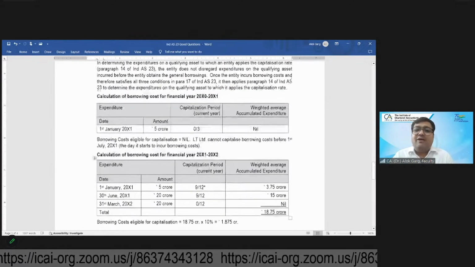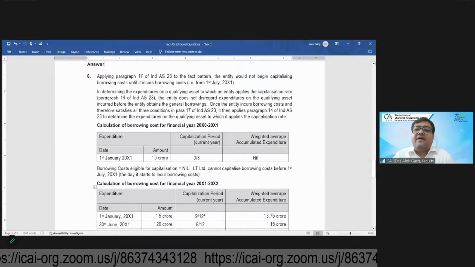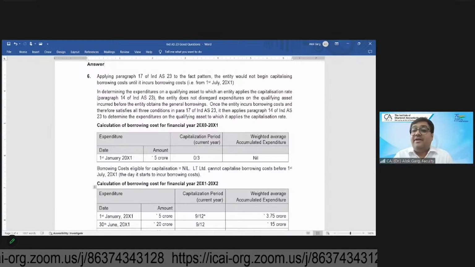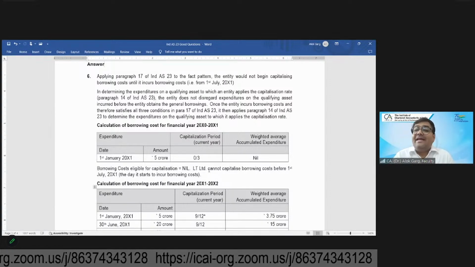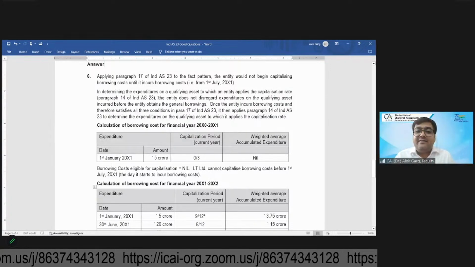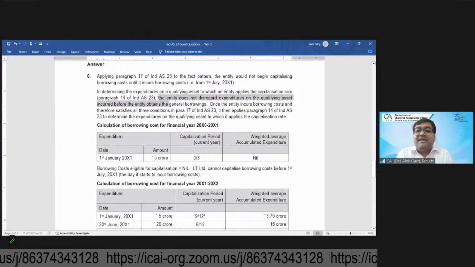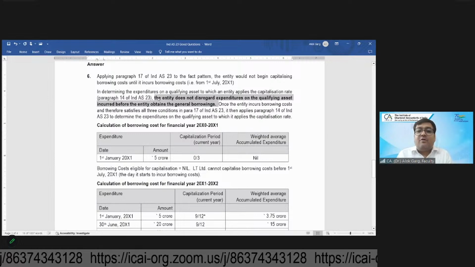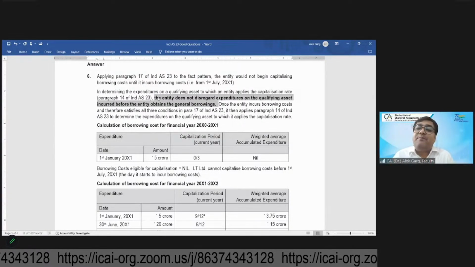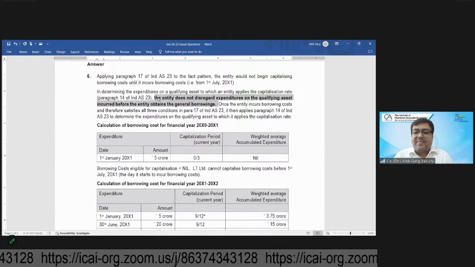So there is one paragraph, paragraph 14 of Ind AS 23. It says that the entity does not disregard the expenditure on the qualifying asset incurred before the entity obtains the general borrowing.